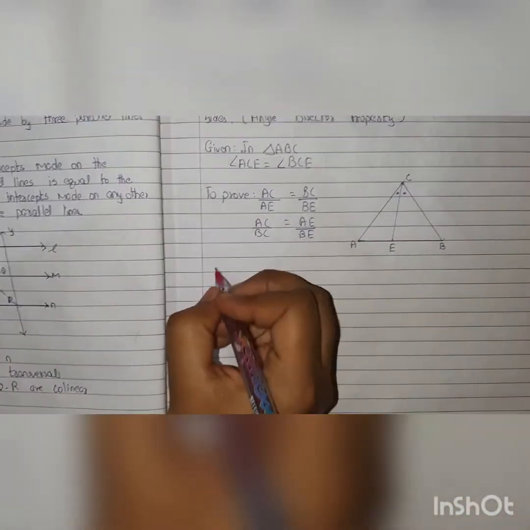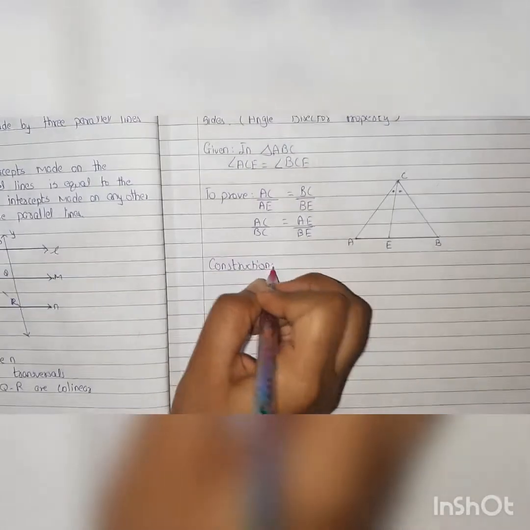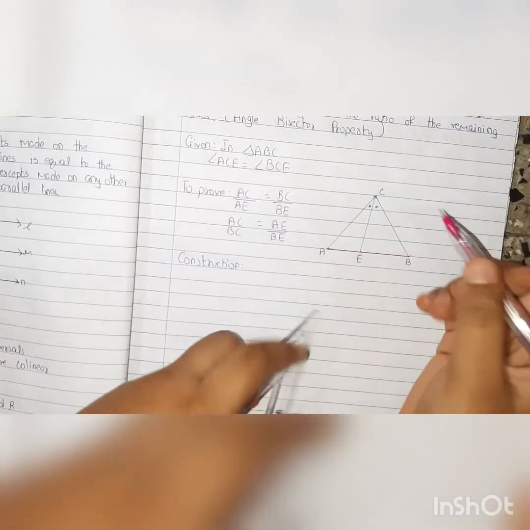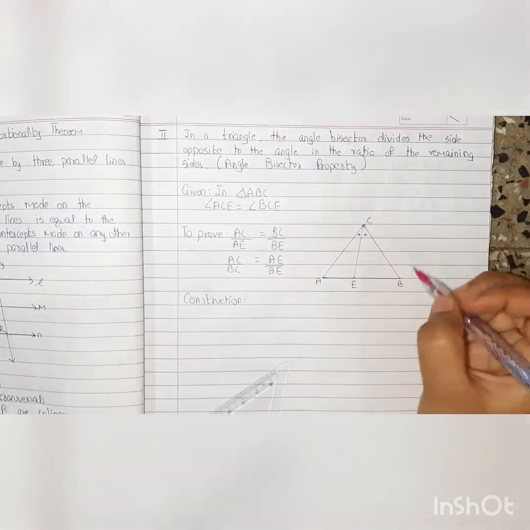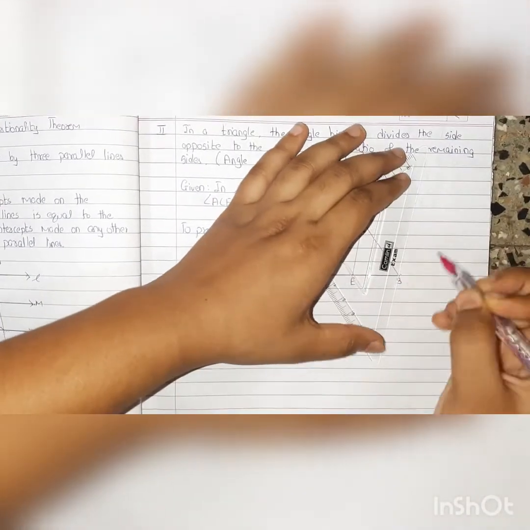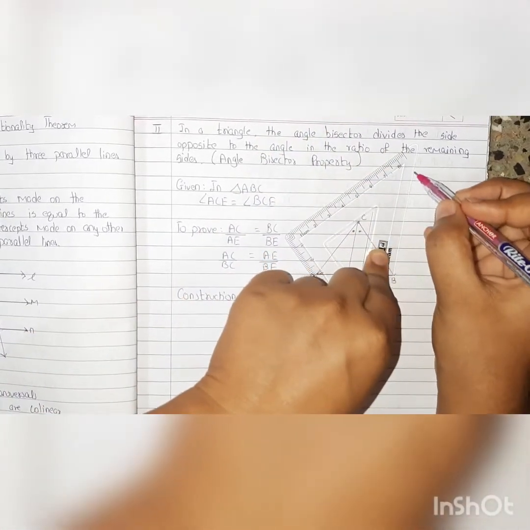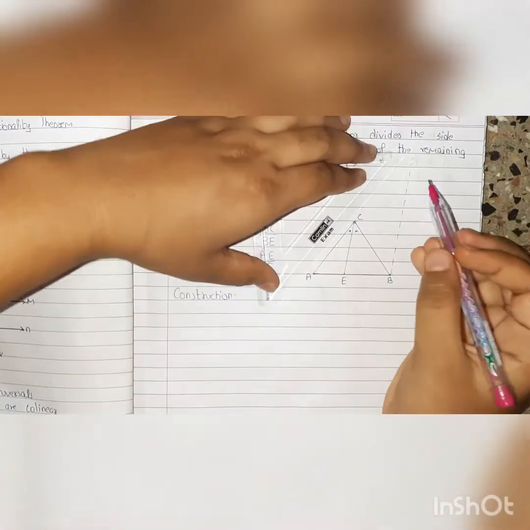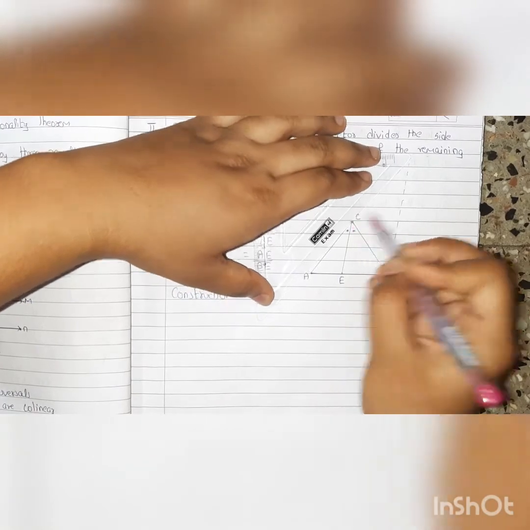So to prove this, we have to do some construction. Now I will be doing construction. We have to draw a line parallel to CE from point B. So I will draw a line parallel to CE with dotted lines, and extend AC up to where it cuts the line.